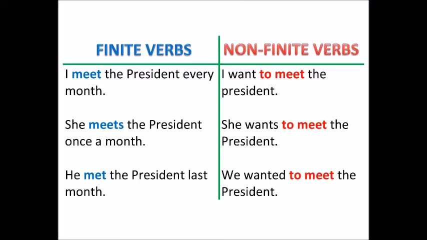She wants to meet the president. We want to meet the president. In these examples, you can clearly see that the finite verb changed its form according to the subject, but the non-finite verb remained the same in all the sentences.